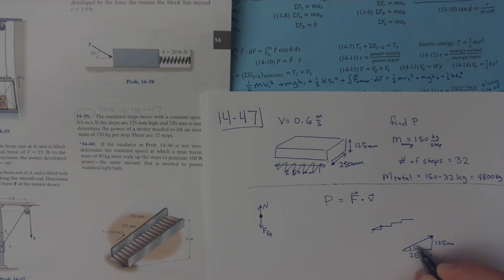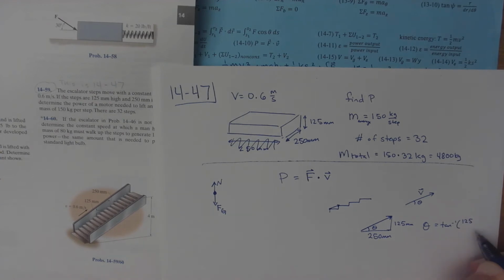And whatever angle theta we have here, the velocity is going to be at that same angle. I can find that angle by saying theta is equal to the inverse tangent of 125 divided by 250. And that gives me 26.57 degrees.